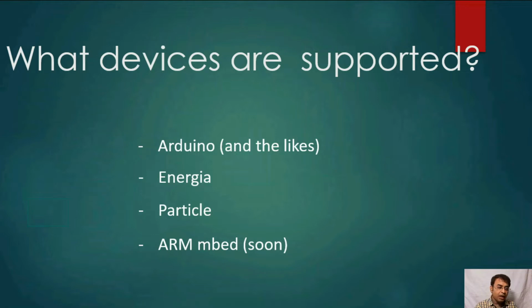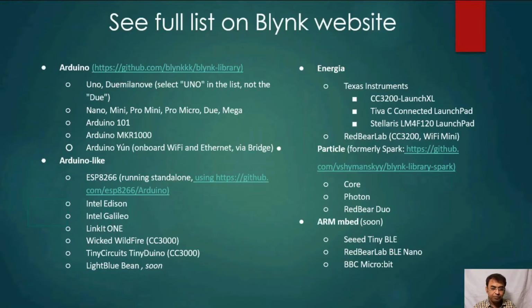What devices are supported? Arduino and the likes, that means NodeMCU, whatever. Energia, Particle, ARM mbed, right? And many more. This is the full list on the Blynk website. You can see, for Arduino, then Energia, right guys?